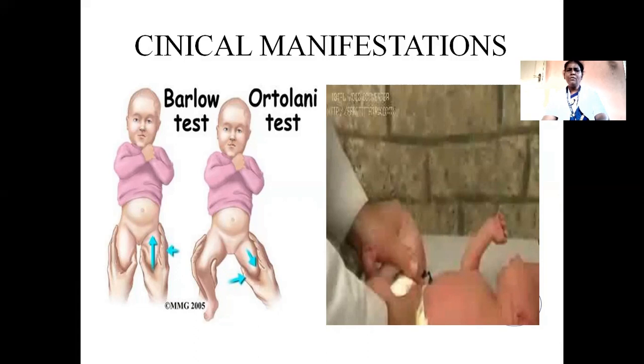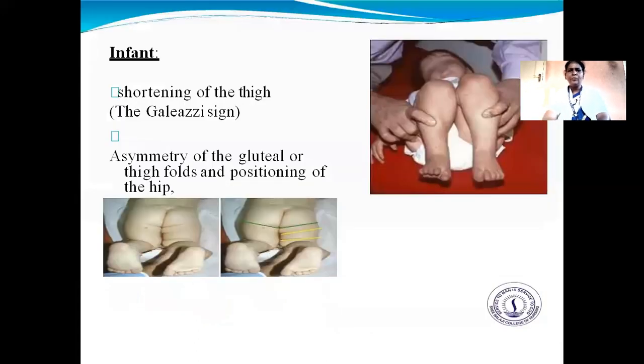Then he will give inward forward pressure. Then the displaced hip will be reduced. That is the positive Ortolani sign. This is also used to assess the developmental dysplasia of hip. So the main signs of developmental dysplasia of hip are the Barlow test and Ortolani's test.